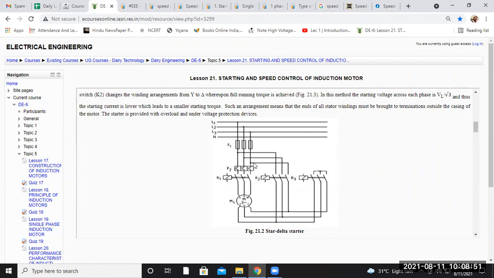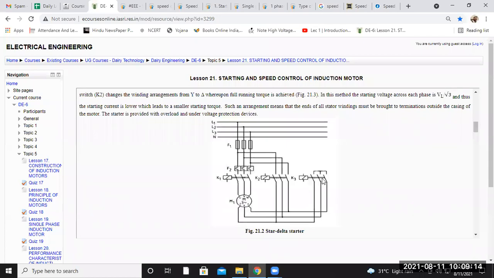When you take the output from this supply line, it is converted into star connection and then delta connection, as both give the input to the terminal. So first, in the starting condition, it is connected in star connection, and after gaining 80% speed, this star connection will be converted into delta connection.